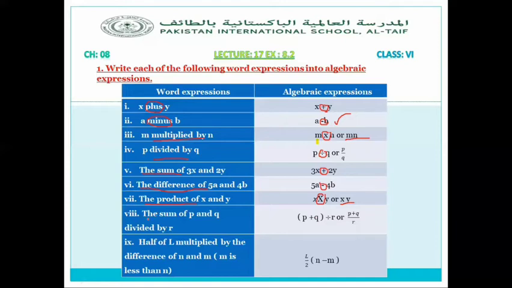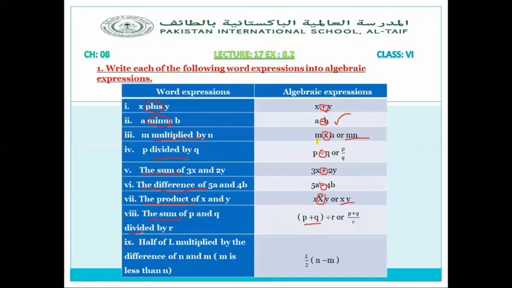Dear student, again we have a similar statement, the sum of P and Q. So here you write the sum of P and Q inside the bracket, because we have two relations. The first relation we have to write as P plus Q. And the second relation is divided by.